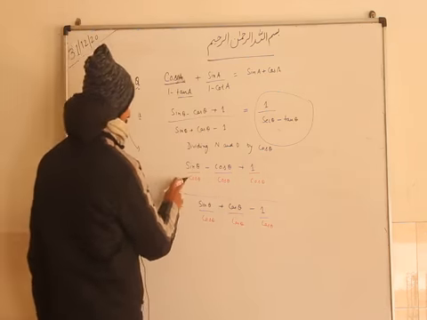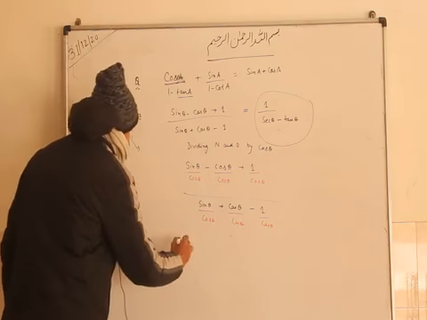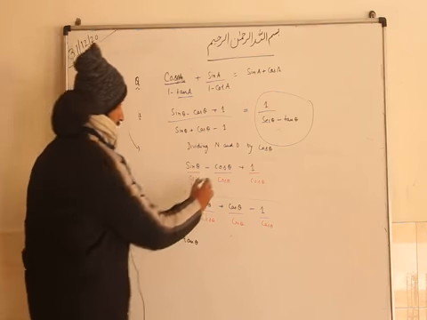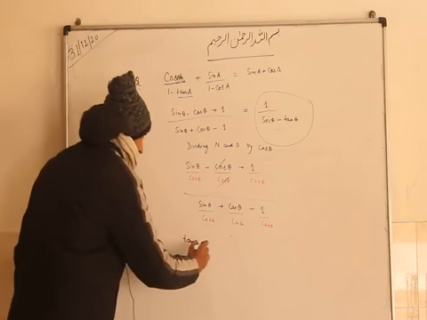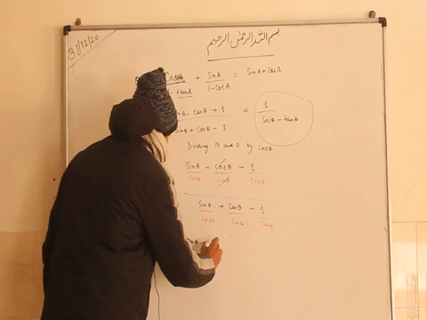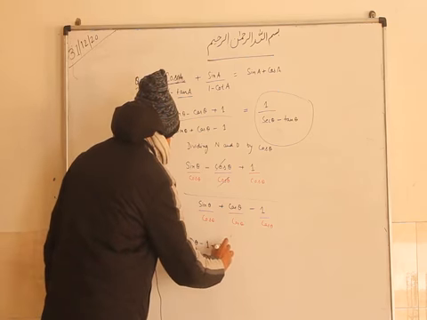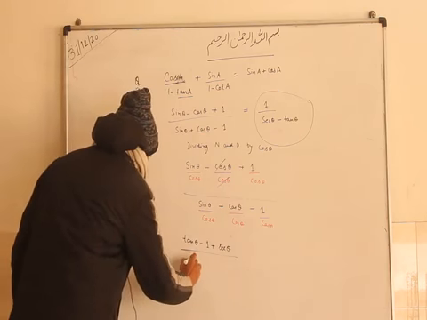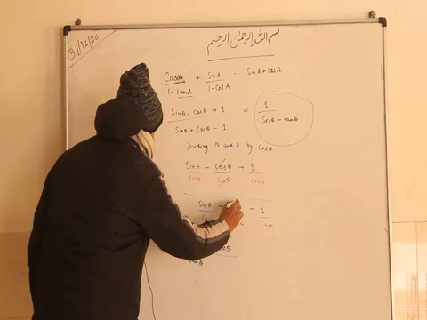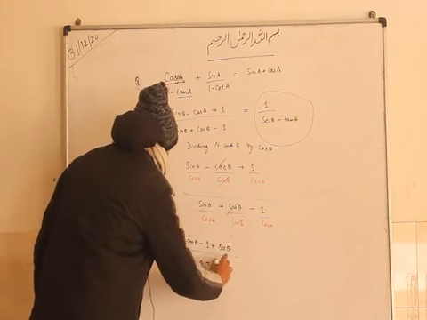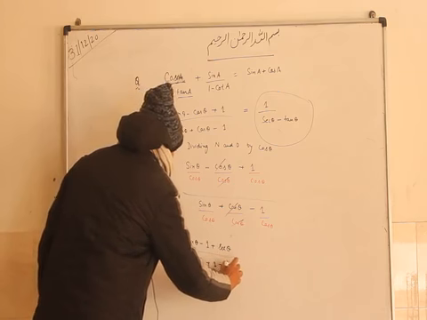So sin by cos is tan theta. These two cos will cancel out, so it will be minus 1. And 1 by cos is sec theta. Similarly here sin by cos is tan theta, this cos will cancel out, so plus 1, and this is sec theta.